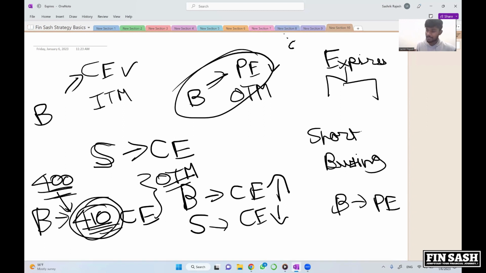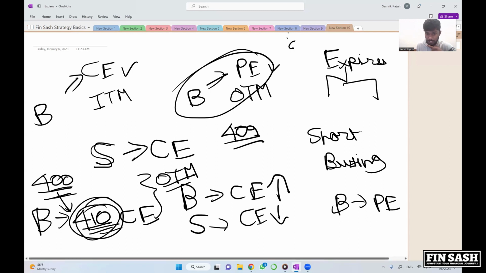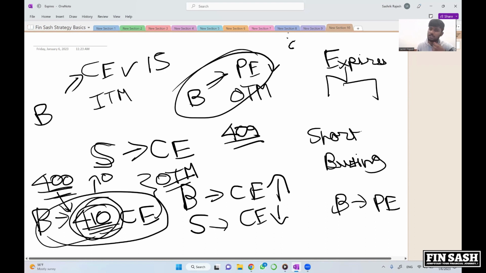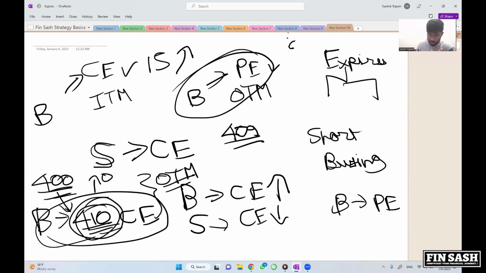Here's the thing. Like I said, all option prices expire to zero. So no matter what your analysis is, even if the strike price reaches 49, by expiry your option price becomes zero. So imagine you bought it at 15 and the market's going up, right?